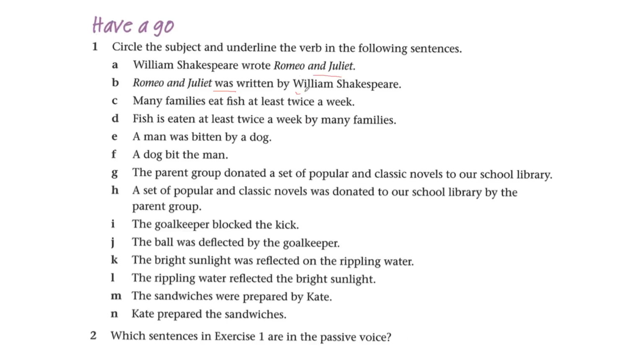So in this case, it would have to be passive voice. And then you can go through and check which other sentences in this list are also in passive voice by looking at the rule that was explained in the first slide.